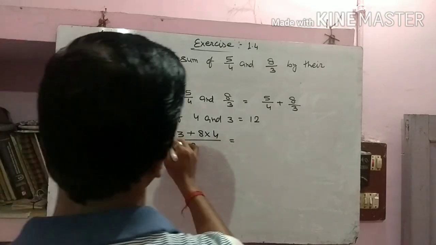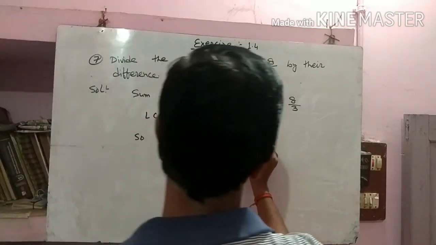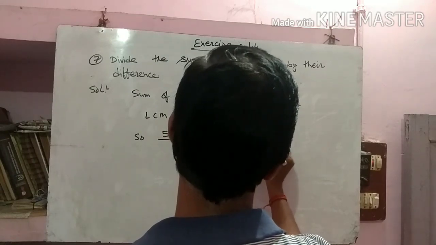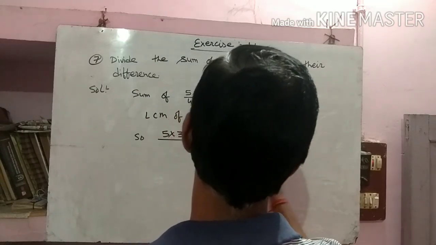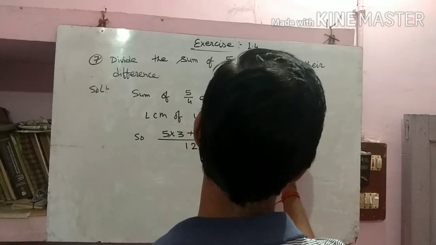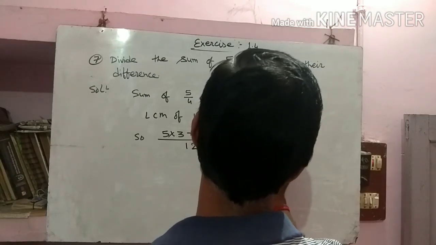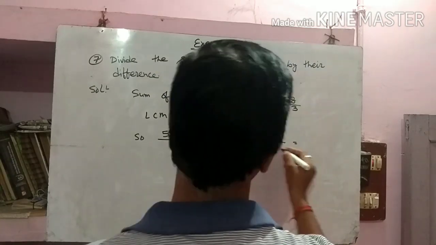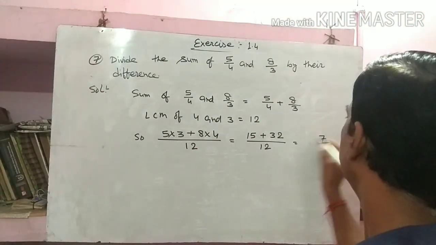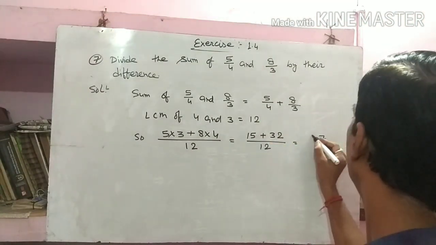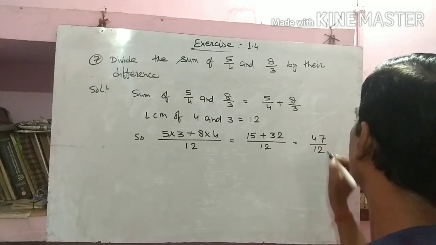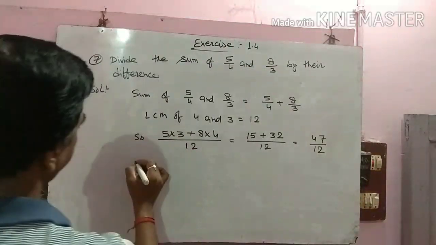Then what do we get? 5 3s are 15 and 8 4s are 32 by 12. Finally what will we get? 5 plus 2 is 7, 3 plus 1 is 4, 47 by 12. Okay.